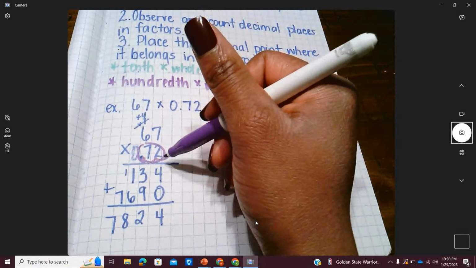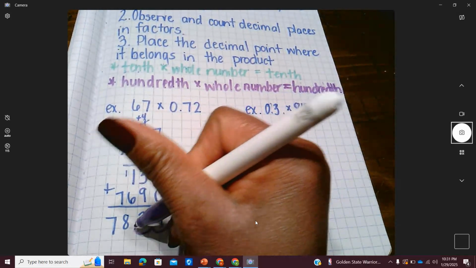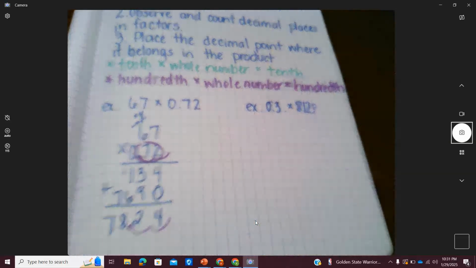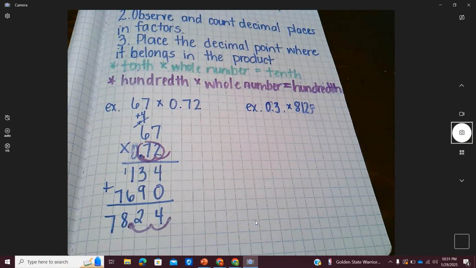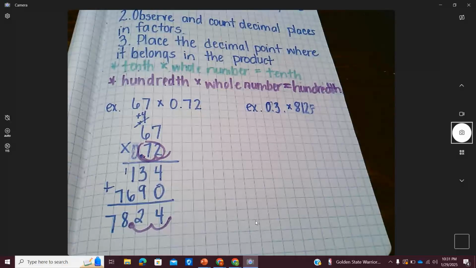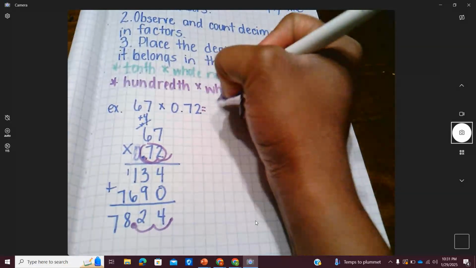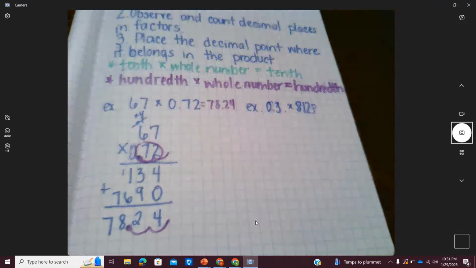I know that I have to have 2 decimal places over, because it's going to be to the hundredths place in my product. So a hundredth times a whole number gives me a hundredth. I have to make sure I'm representing hundredths in my product. So this is going to be equal to 78 and 24 hundredths.